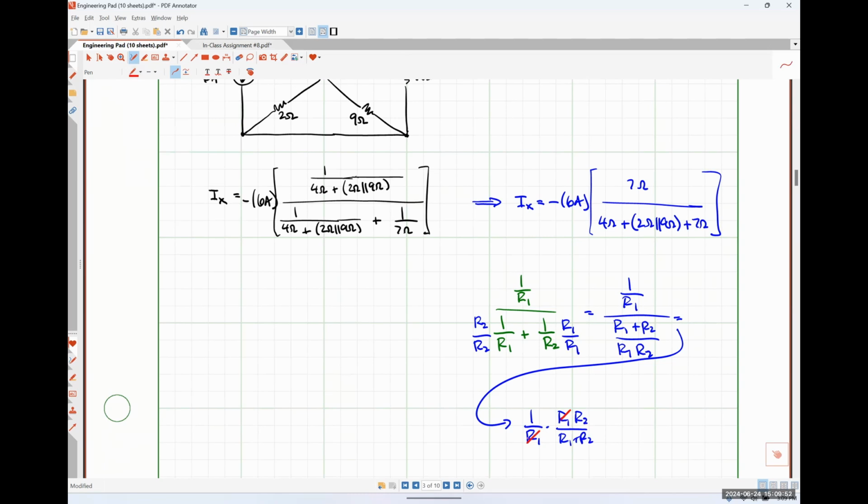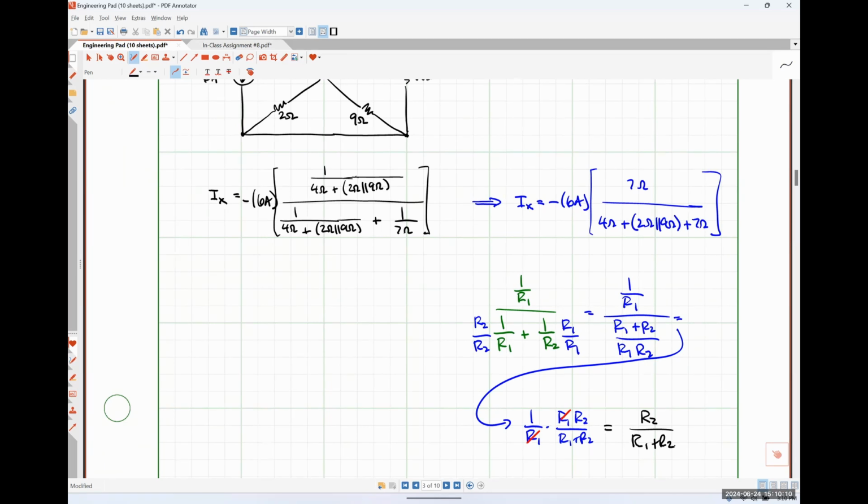The R1s cancel out, and I wind up getting R2 over R1 plus R2. And all of this ratio would be multiplied by the known current.